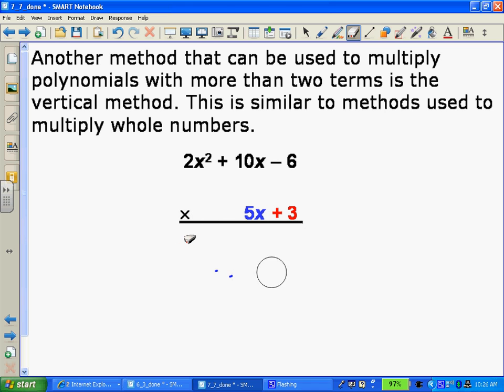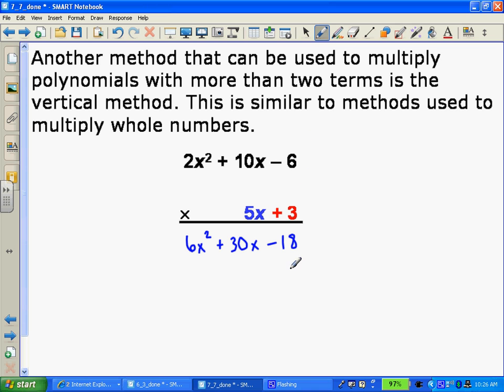Actually, let me start this one over so that it looks better. I kind of wrote it backwards there. So let's start over. 3 times negative 6 is negative 18. I'm going to write that here. That makes more sense. 3 times 10x is 30x. 3 times 2x squared is 6x squared.